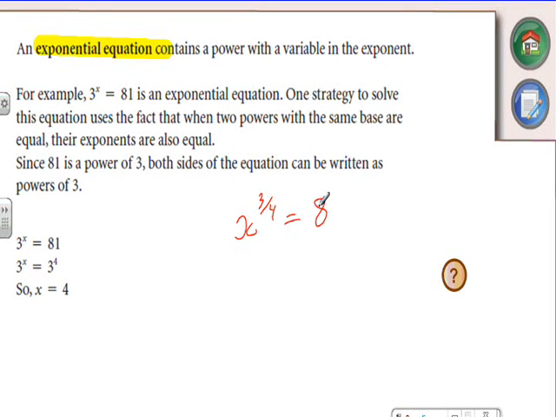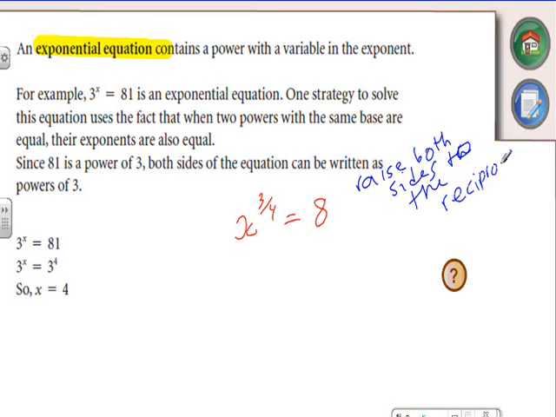So what we would do in this case is, whenever you have x down in the base, this is not exponential, but we have an exponent here that's a number. If we're trying to solve for the x, raise both sides of the equation to the reciprocal exponent.